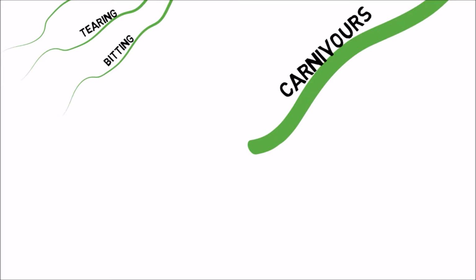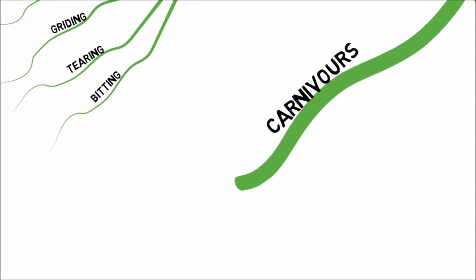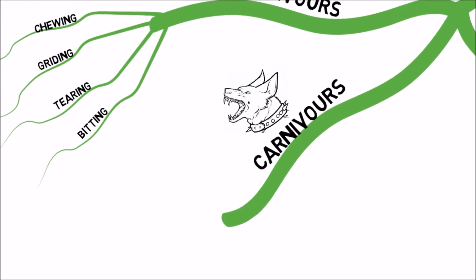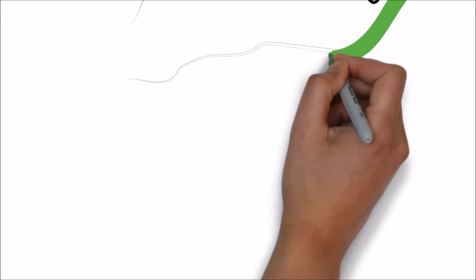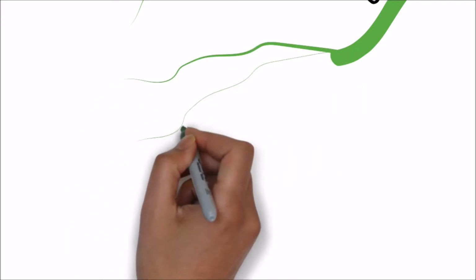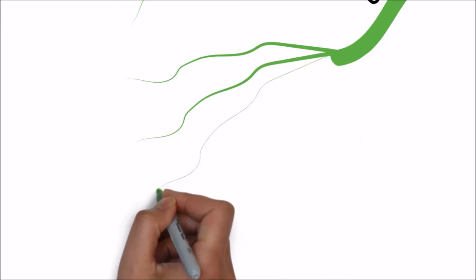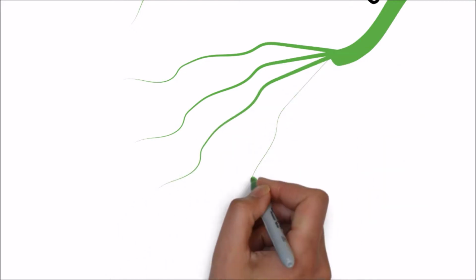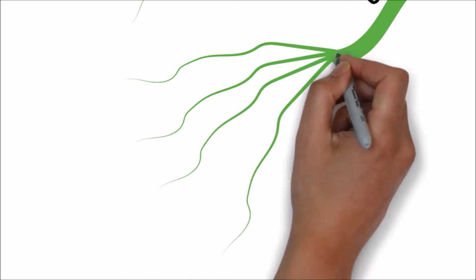We move to the next branch where we have the carnivores. What comes to your mind when you think about carnivores? For me, I think of a dog. So my association is very simple. I'm going to draw a dog right there. And now these are divided into five different small branches. So one, they do have very powerful jaws that help with crushing bones.